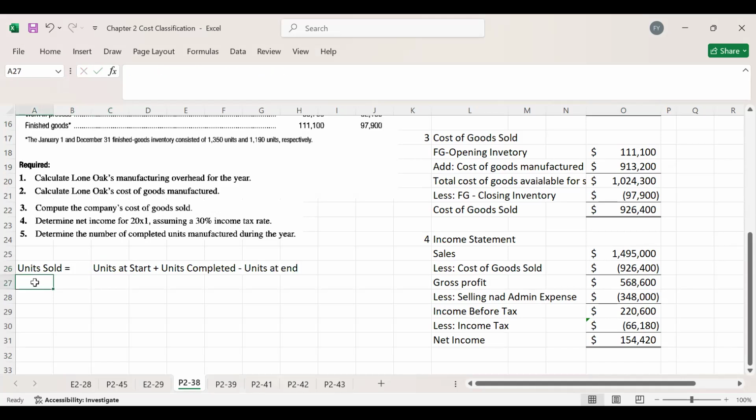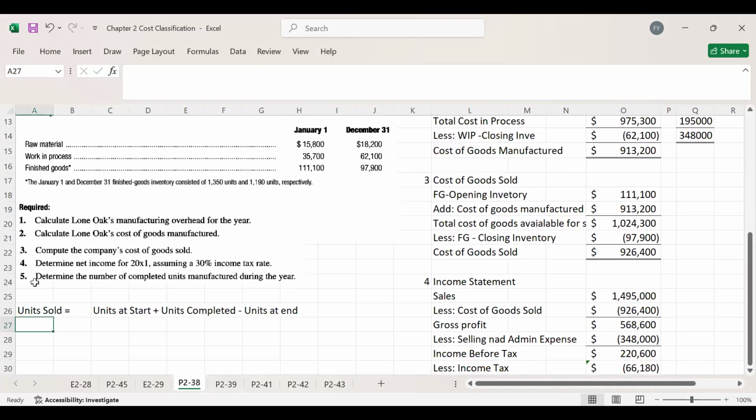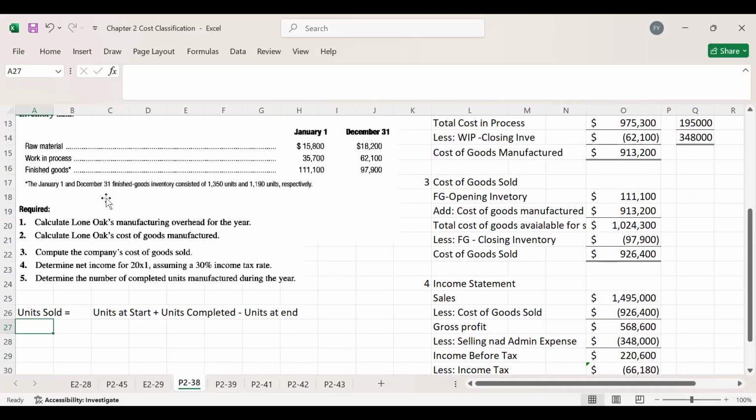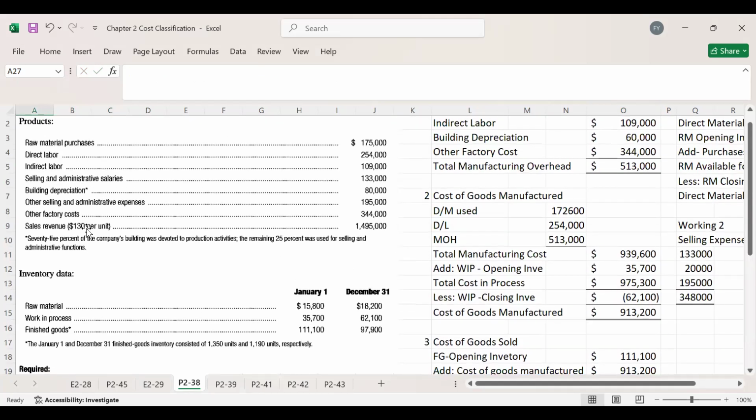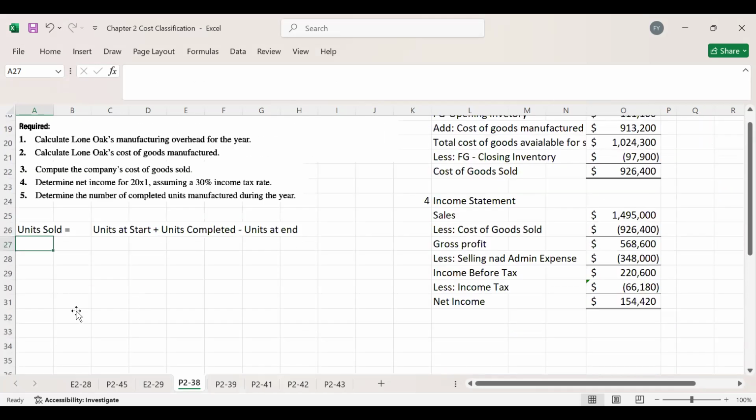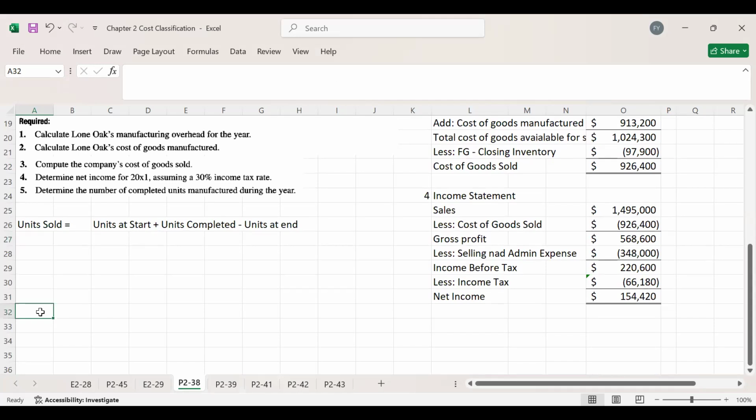We are given the total number of units sold. You can see that the price is $130 per unit, so sales are a total of 1,495,000.